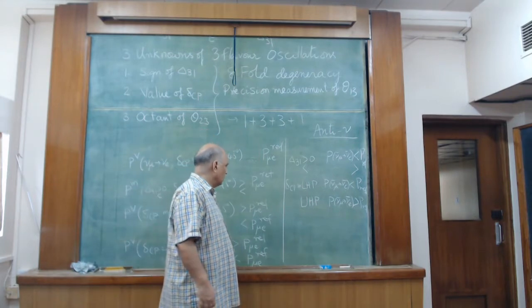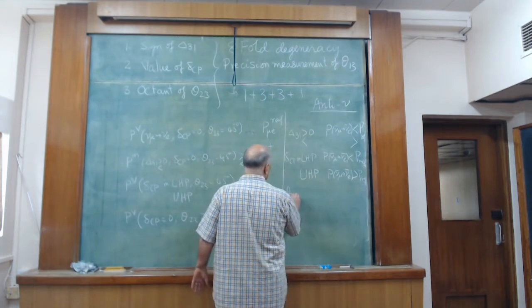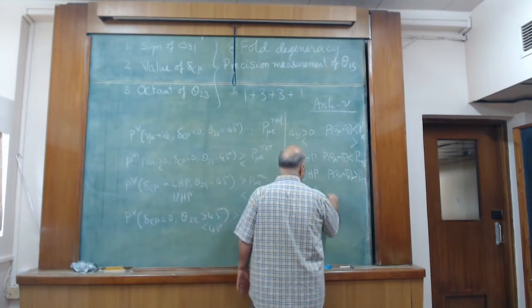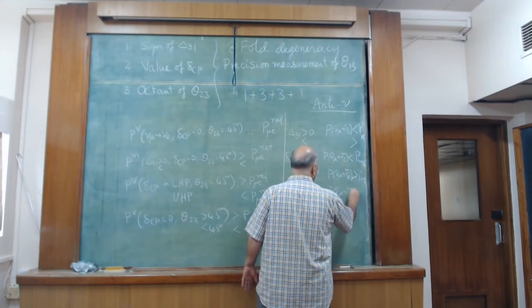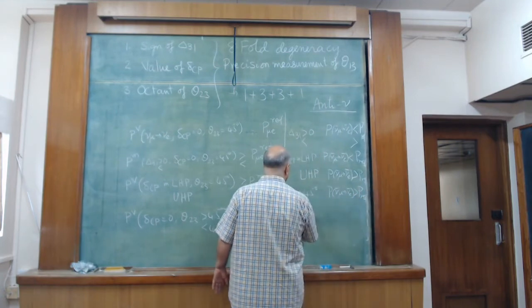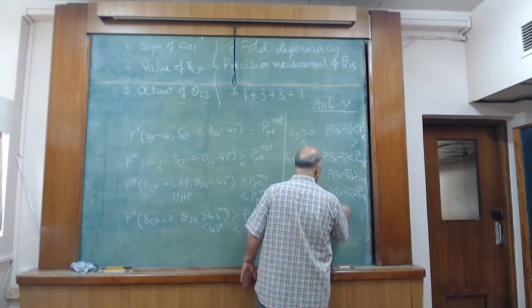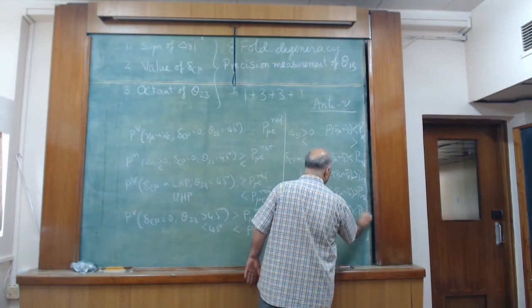But as far as octant, theta 23 greater than 45, P mu bar to mu e bar is greater than P ref, and less than 45, P mu bar to mu e bar is less than P ref.